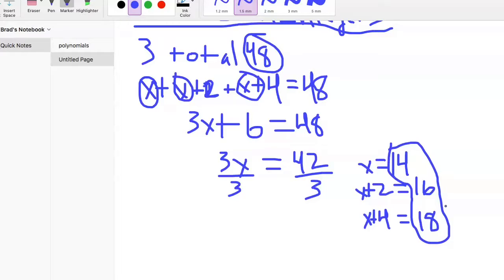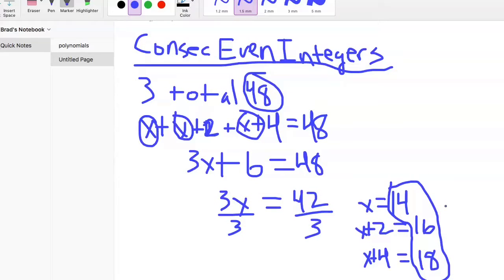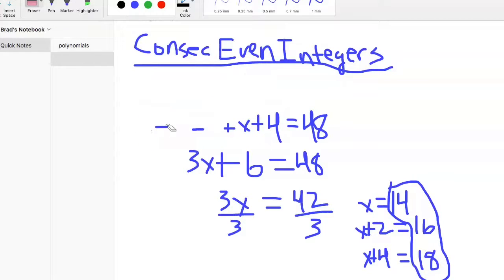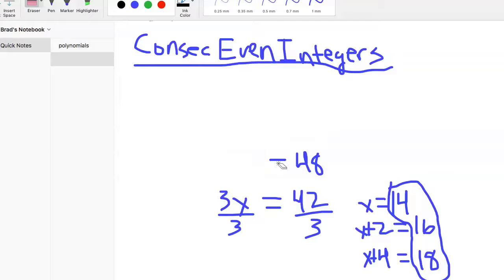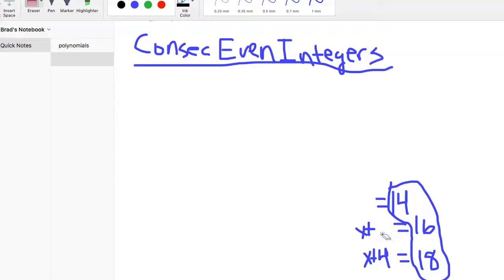But obviously, different tests have different requirements. Sometimes you have to show your work, sometimes it's not multiple choice. But if it was up to me, I would just do the guess and check method of taking each of the answers and finding out which one is correct just by adding them together.